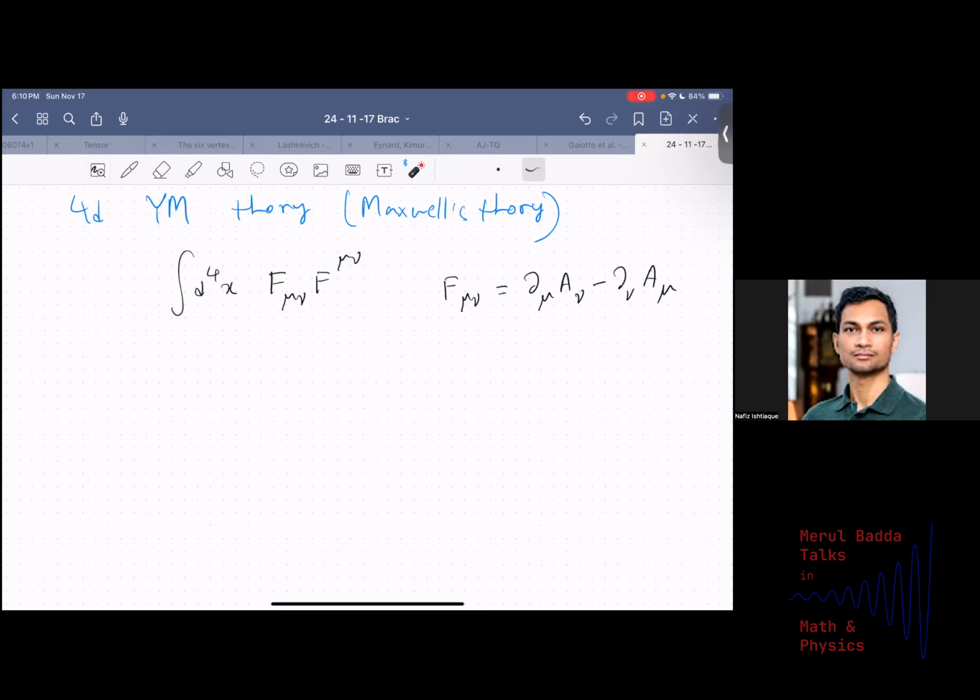So what are the most commonly studied operators in a gauge theory, or in this case, for example? You have all seen these operators, I'm 100% sure.